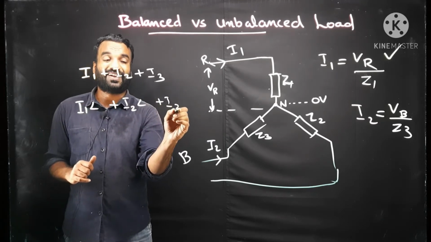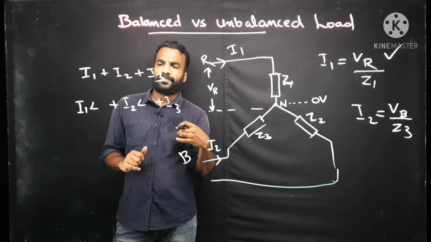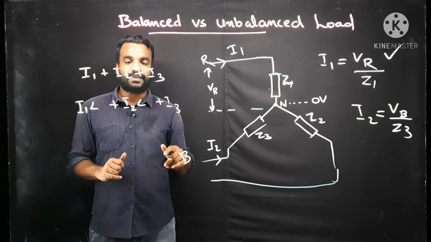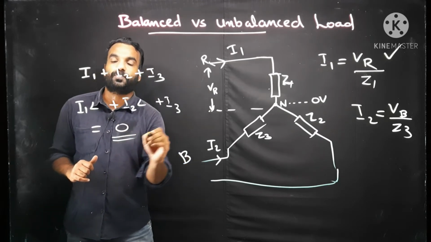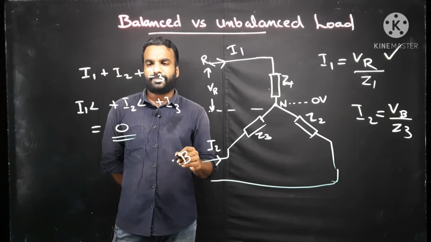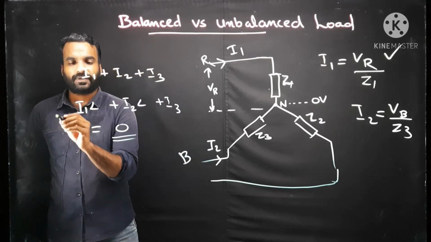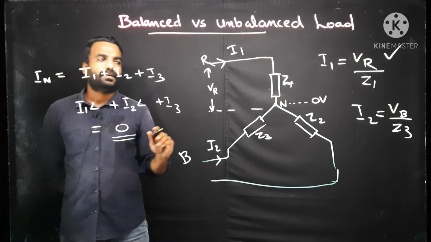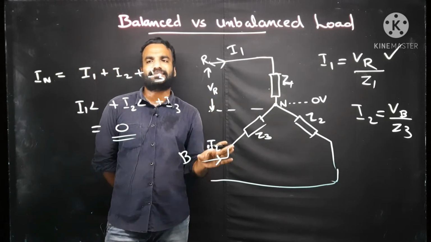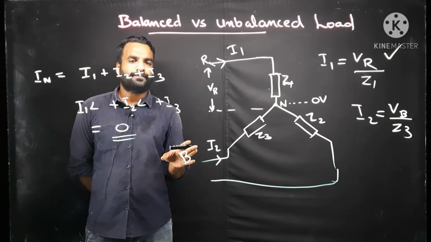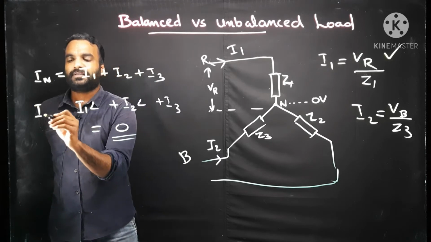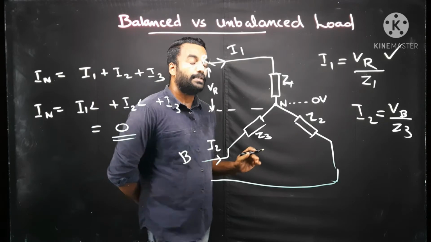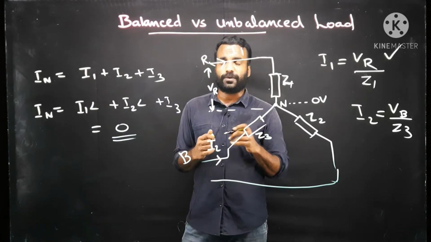So you have to take the vector sum, or in the calculator you have to give these angles, then you will get 0. The sum of the currents is known as the neutral current. If all three loads are the same, then the neutral current, that is the sum of the three currents, will be 0. That is the condition of a balanced load.